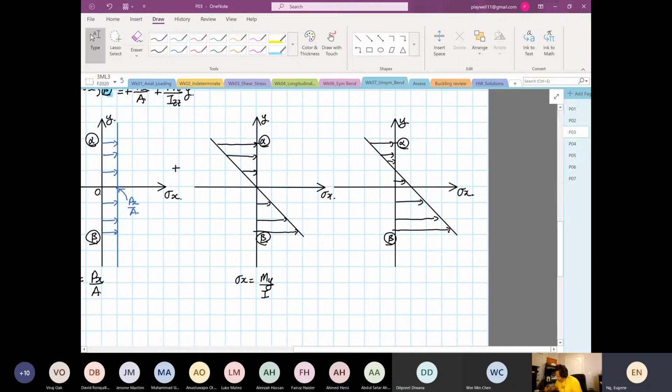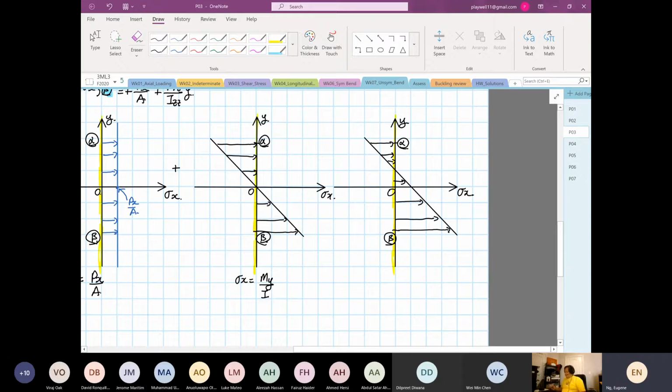I want you to focus on the y-axis now. Over here, focus on the y-axis.